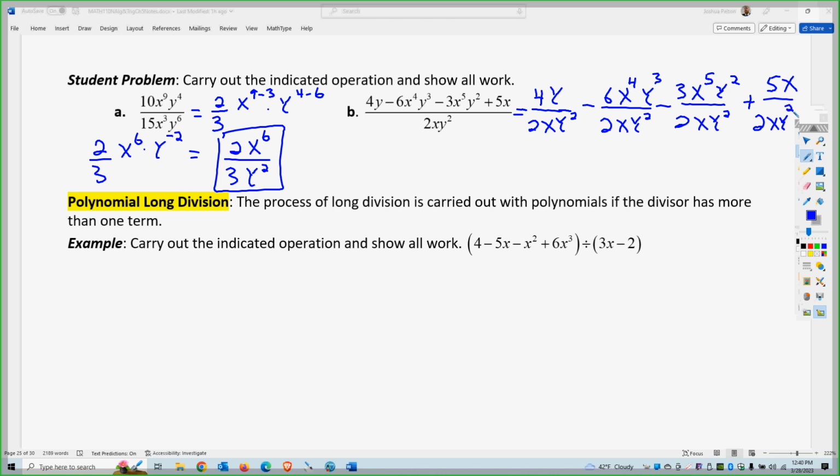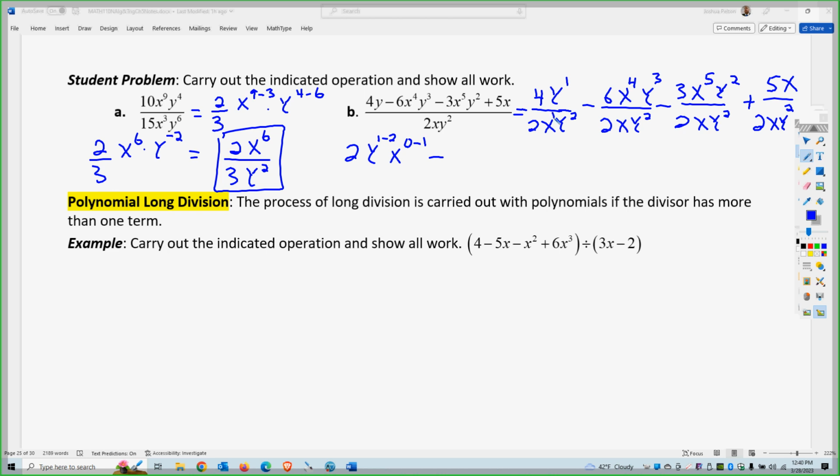Okay. All right, so 4 over 2 is 2. So we get y to the 1 minus 2 and x to the 0 minus 1, right? Because we have 1 there, 1 there.